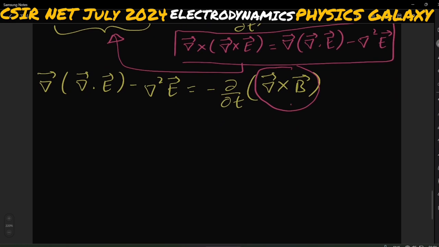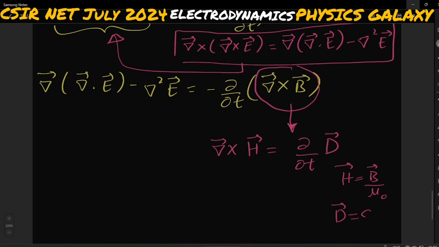That is the fourth Maxwell's equation: curl of H, the magnetizing field, equals dou by dou t of D. Remember that H equals B by mu, or you can write mu naught because it's a non-magnetic medium, and D equals epsilon times the electric field.